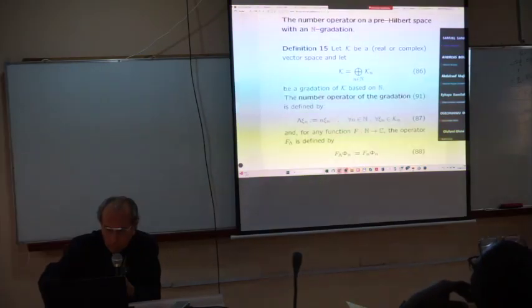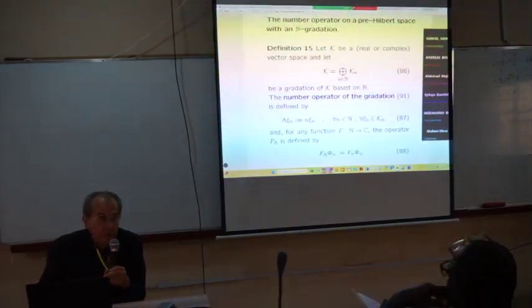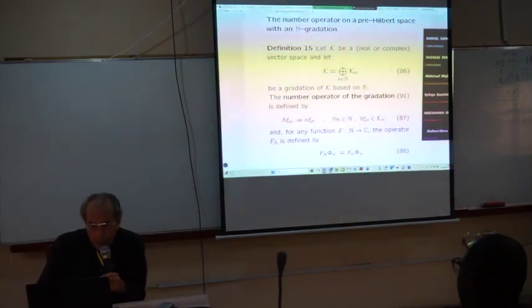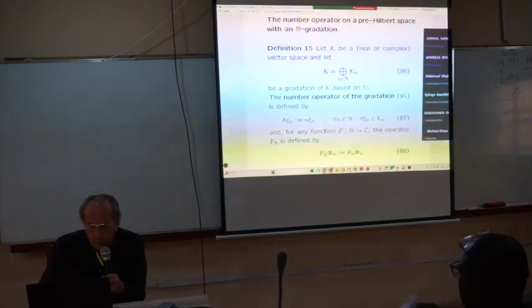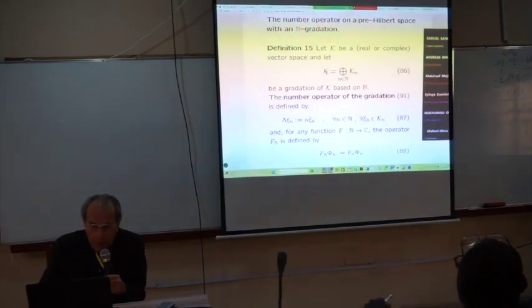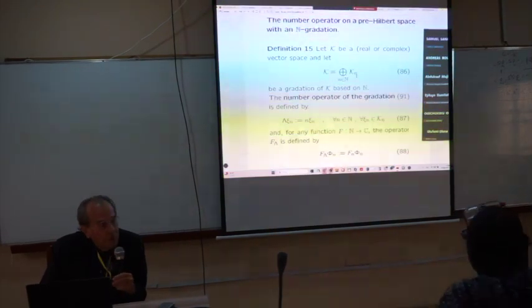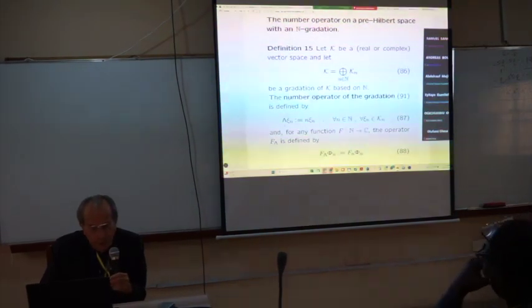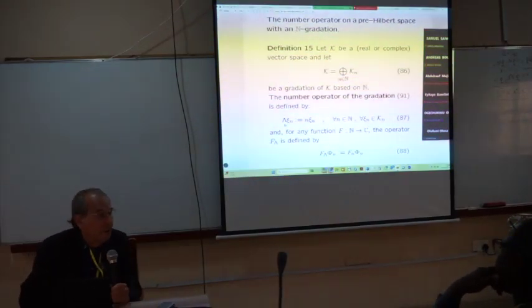So this is an easy but important notation. You see, if I have any Hilbert space and I have a gradation, meaning this pre-Hilbert space, let us say, or it can be any vector space, here we don't need a scalar product. If it is a direct sum of subspaces, I can always define what in physics is called the number operator.